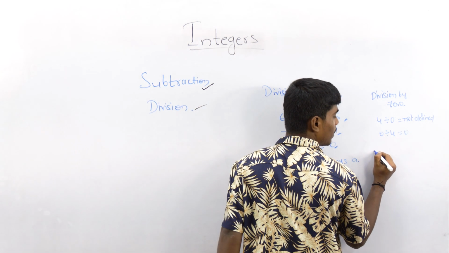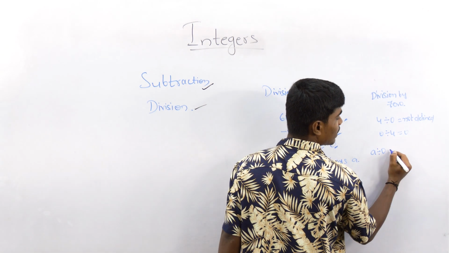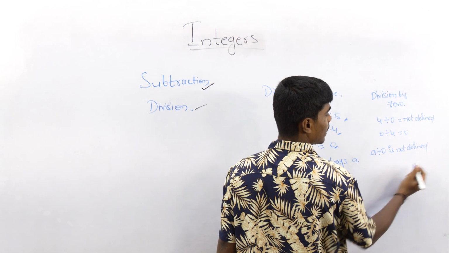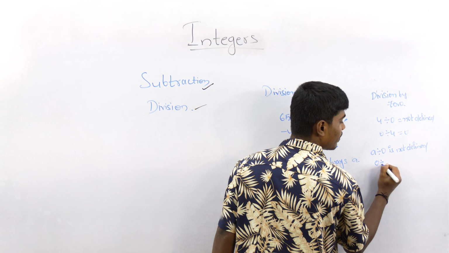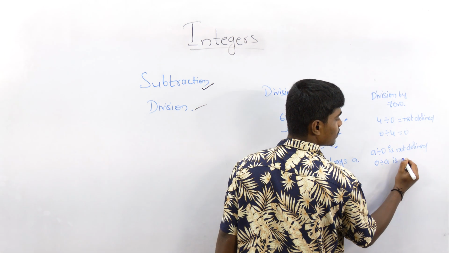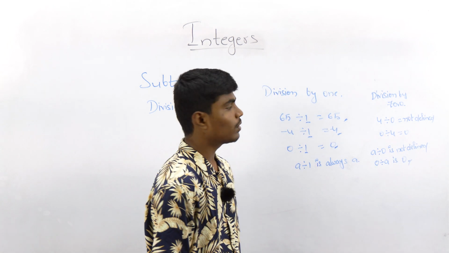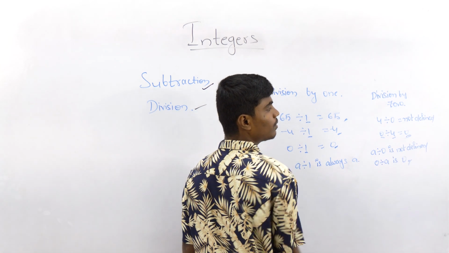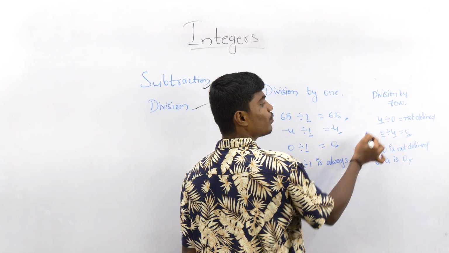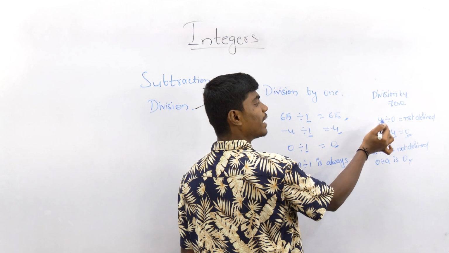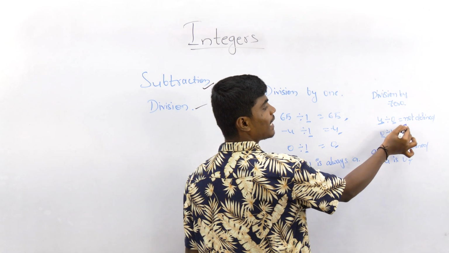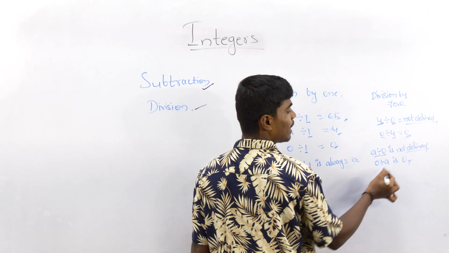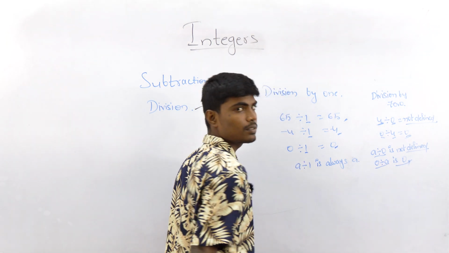Here a divided by 0 is not defined, and 0 divided by a is 0. If you divide 0 by another number, the result is always 0. And if you divide 4, or any number, by 0, the answer is not defined. So a divided by 0 is not defined and 0 divided by a is 0.